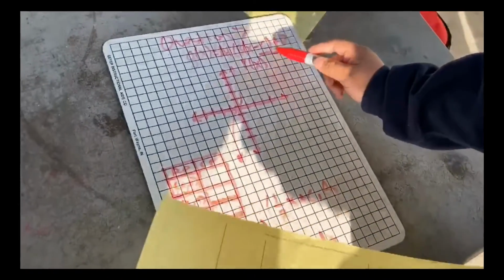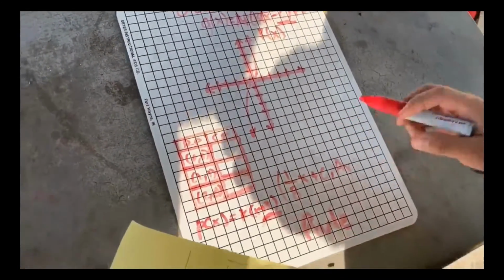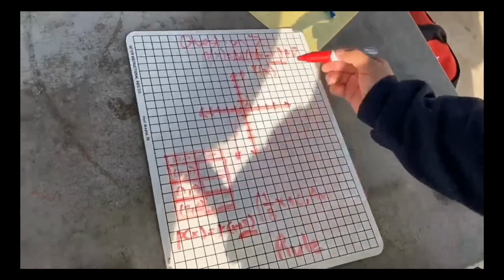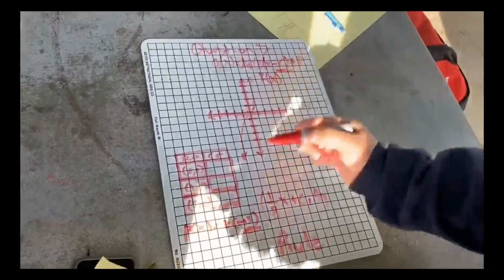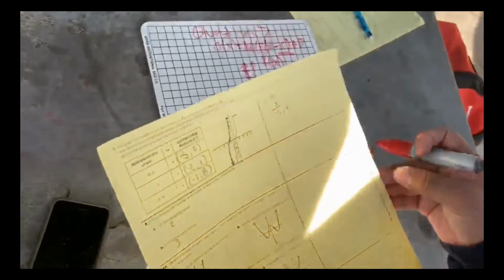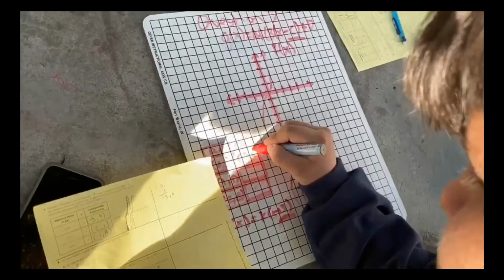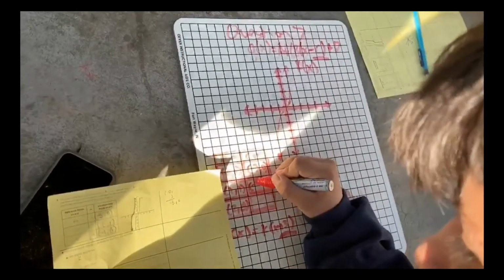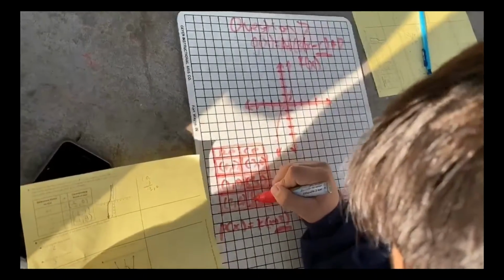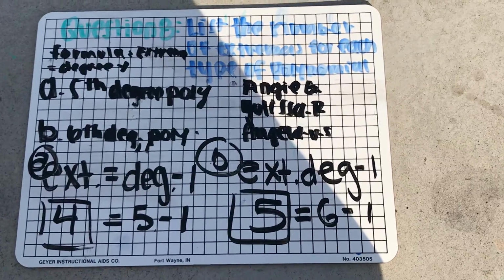So we use this function, and we see that the 3 in p of x equals k of x plus 3 affects the x-axis. So we're going to subtract 3 from the reference points, and we get the corresponding points, which are negative 3, 0, negative 2, 1, negative 1, 8.